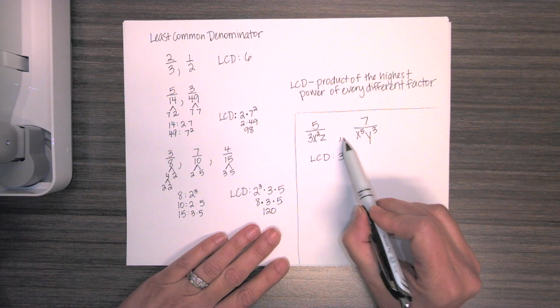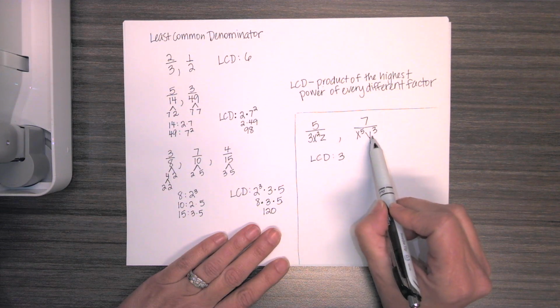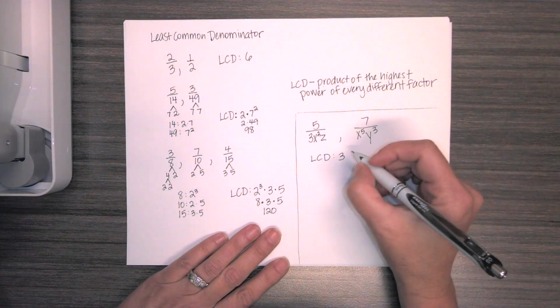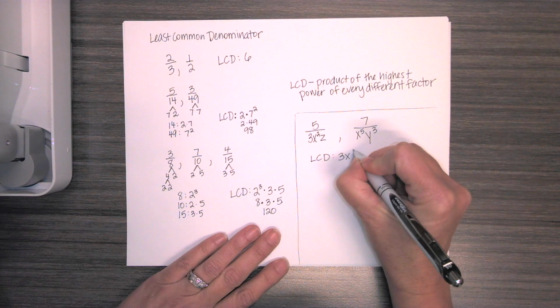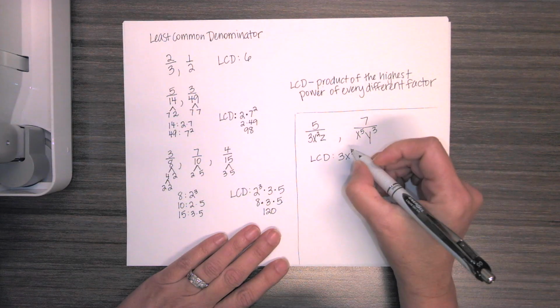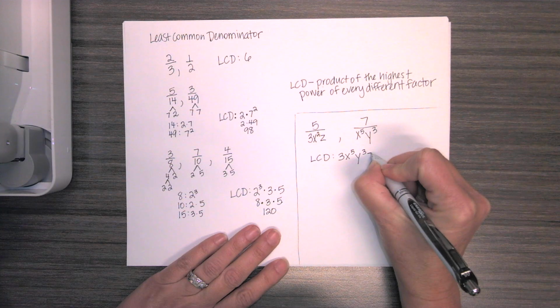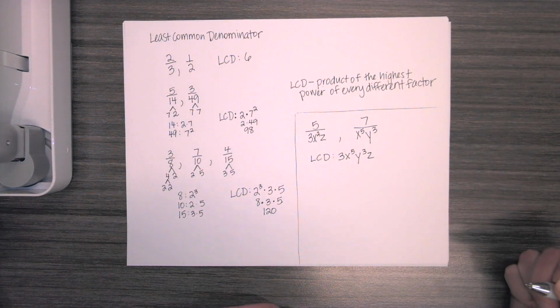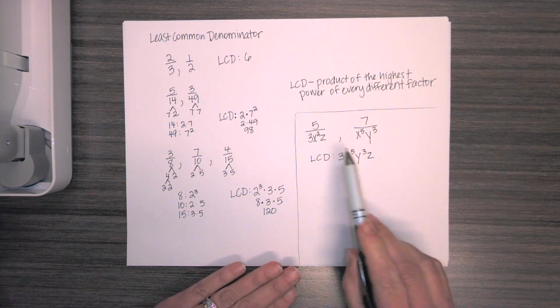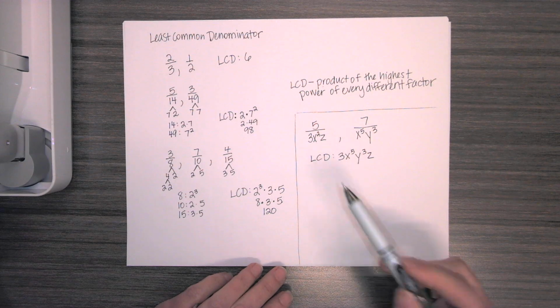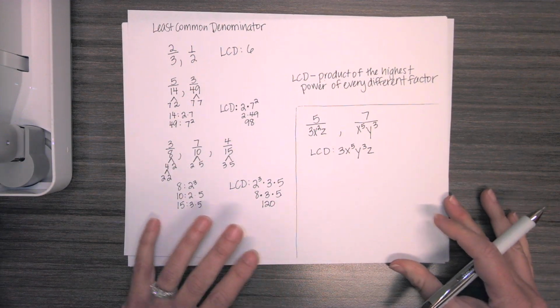So we see x's in the denominator, we see y's, and we see z's. So the highest power of x that we see is x to the 5th. The highest power of y that we see is y to the 3rd. And the highest power of z that we see is just z. So this is my common denominator for these two rational expressions.